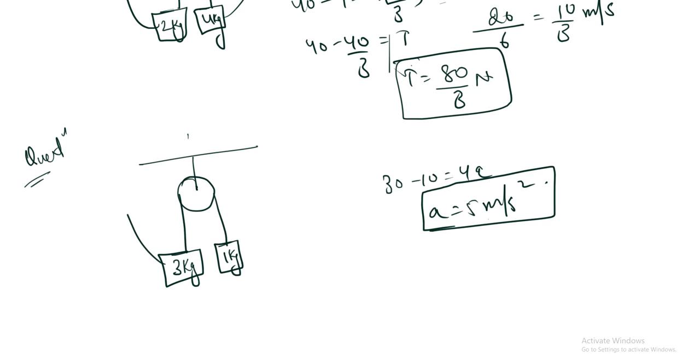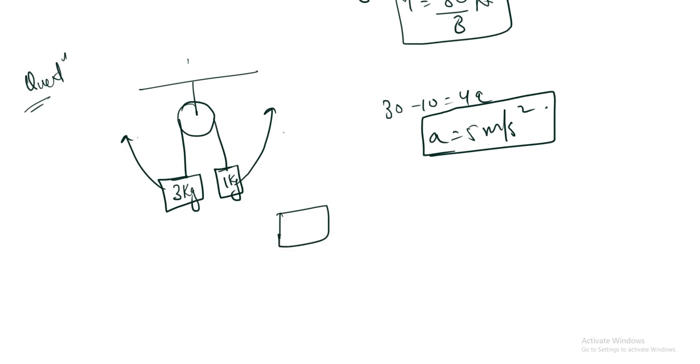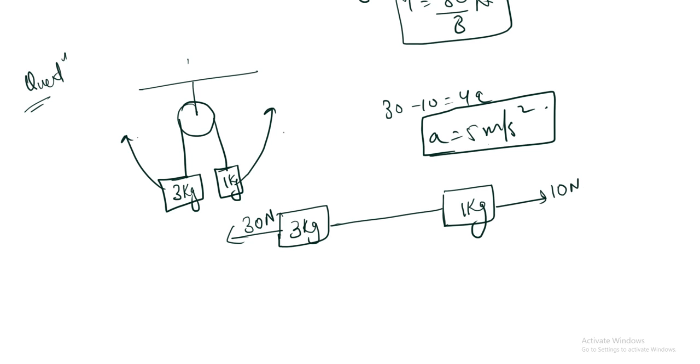Consider it as horizontal, which is 3 kgs connected by a string with a 1 kg block, and here it is 30 Newton, here it is 10 Newton. So 30 minus 10 is the mass of the whole system, 4 into a, 20 by 4, which is 5 meter per second square.